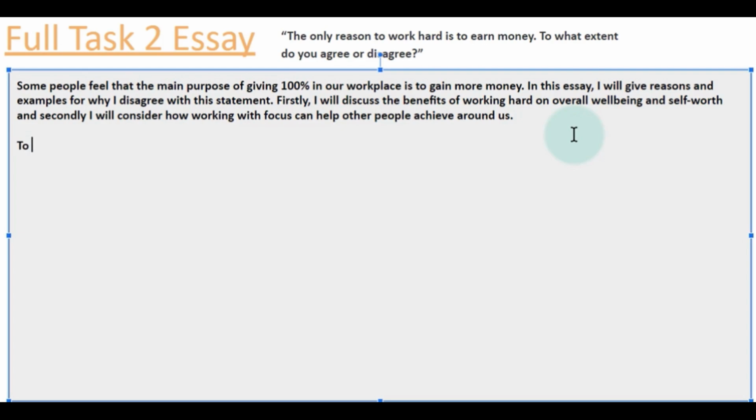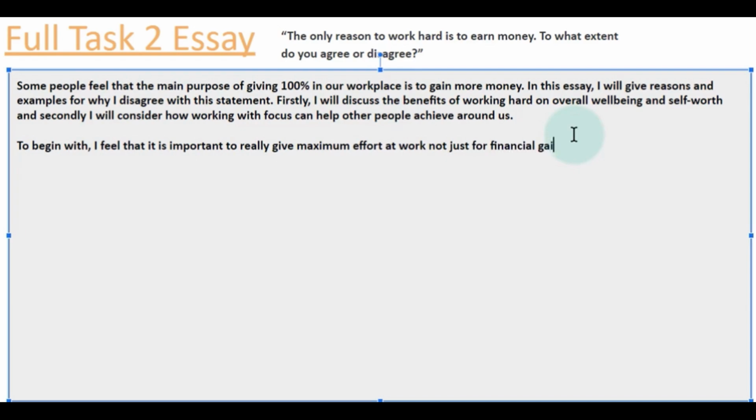To begin with, I feel that, so I'm already giving my opinion here, I feel that it is important to really give maximum effort at work, not just for money. I almost use brackets, not just for financial gain.